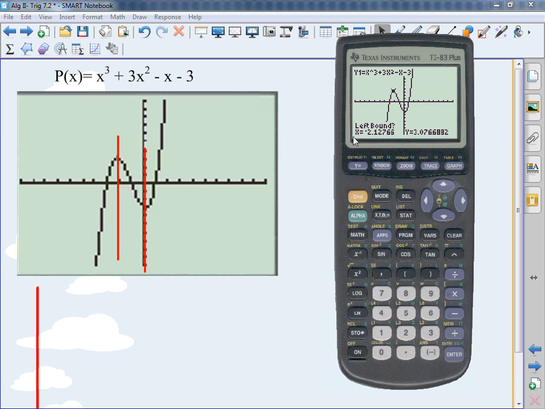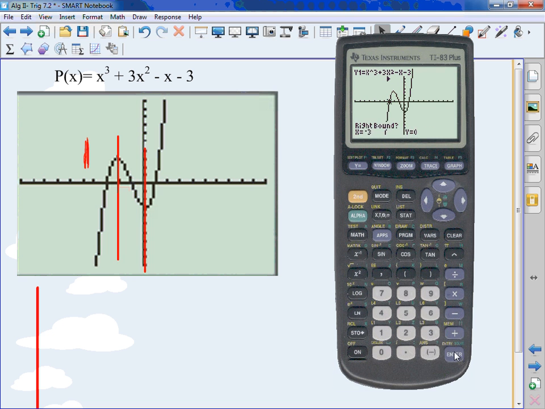Now what I need is a left bound, somewhere over here. Not 3, negative 3. Instead of using the arrows, I can just type negative 3.